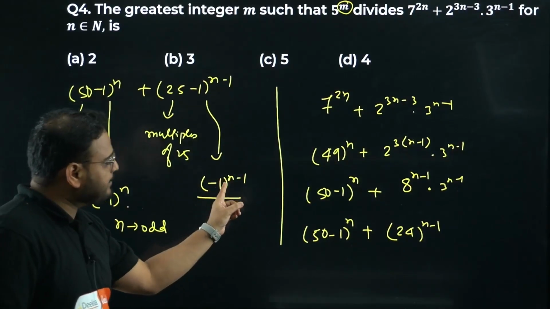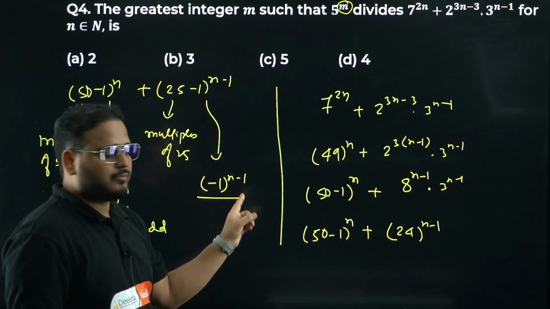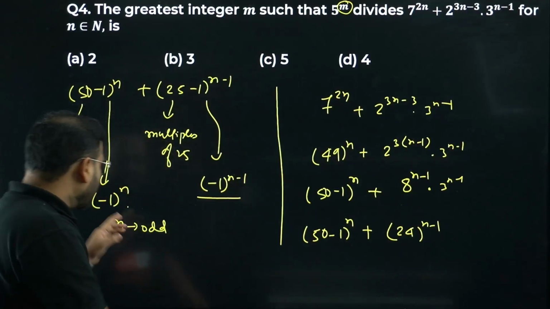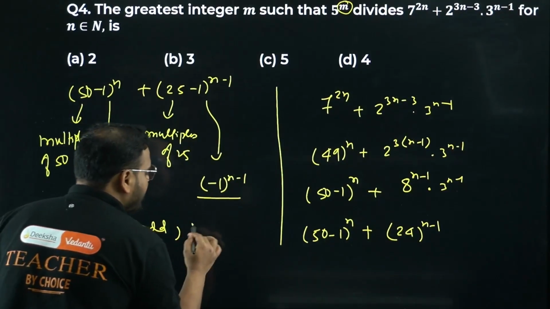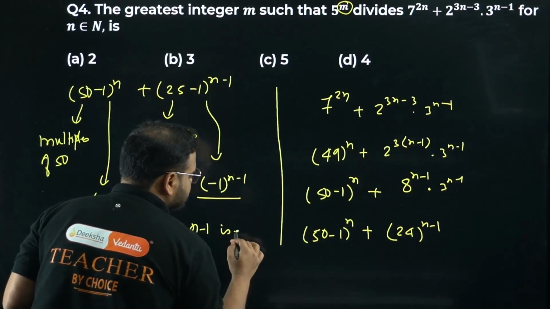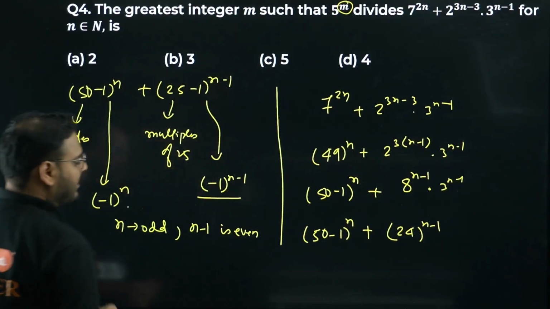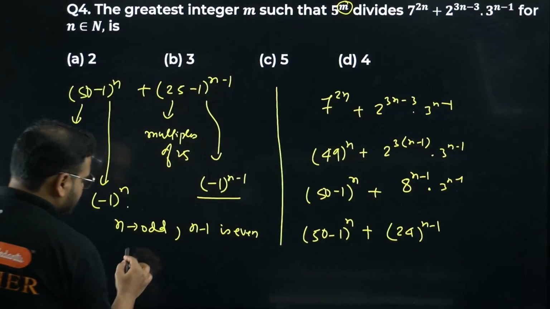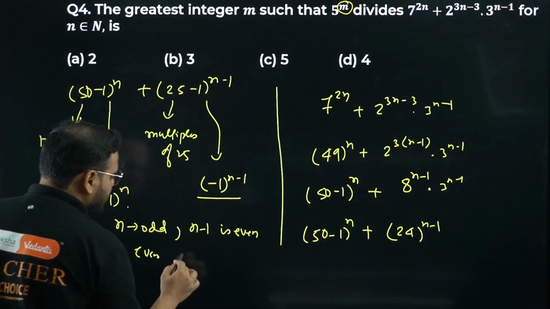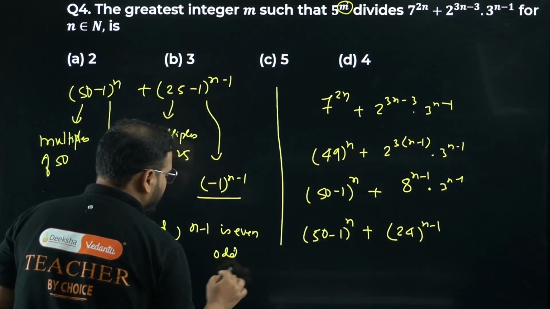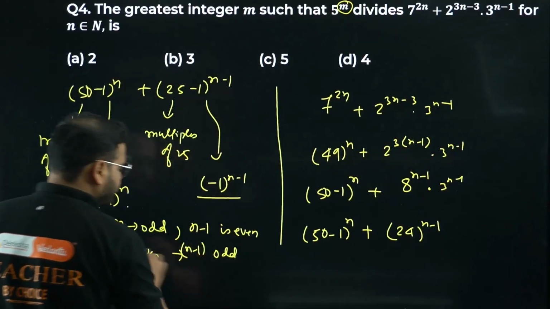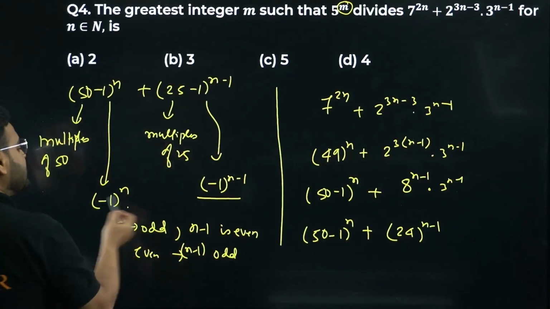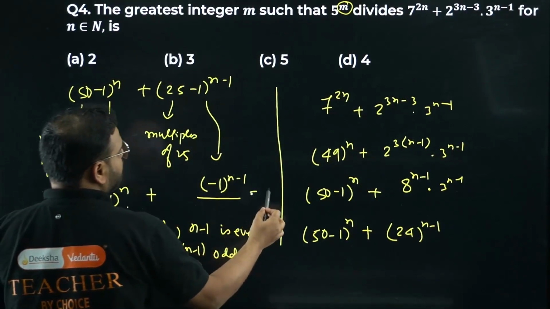What about this? It will become minus 1 power 6, because n minus 1 is there. So basically if n is odd, n minus 1 is even, and vice versa. If n is even, this part will become odd. So basic idea is, these two when you add, it will become equal to 0.